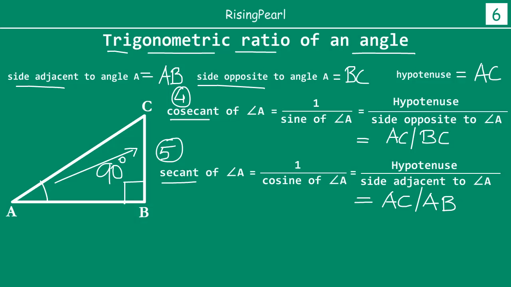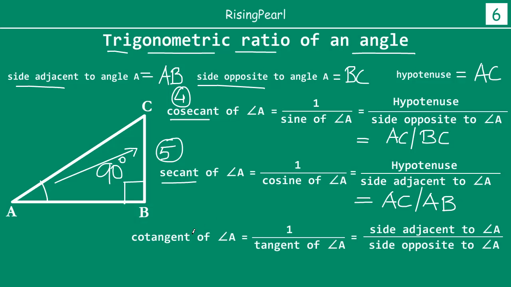And the last but not the least is the cotangent of angle A. This is the inverse or reciprocal of tangent of angle A. So this will be equal to side adjacent to angle A, or AB, divided by BC, which is the side opposite to angle A. So this will be your number 6.